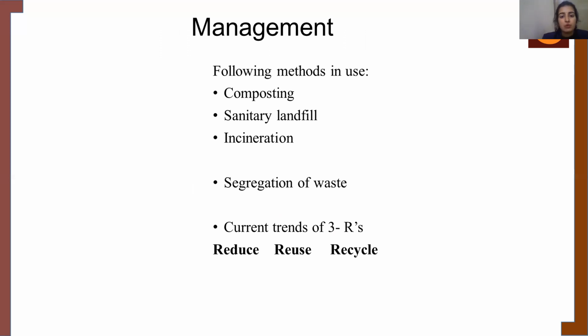And when we talk about discarding the waste, there are usually 3 methods employed, that is composting, landfills, and incineration. If the usage of raw materials is reduced, the generation of waste also gets reduced.